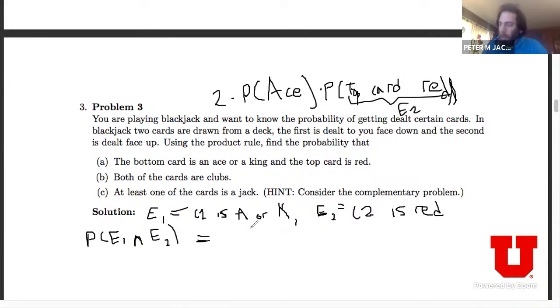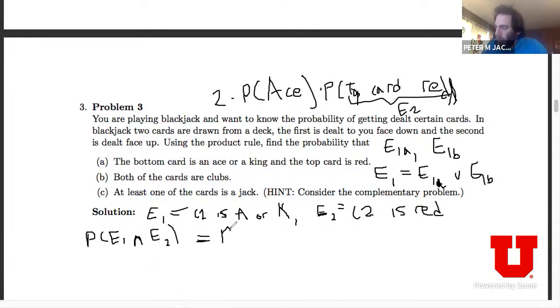First, we're going to split E1 up into cases. In E1, you either draw an ace or you draw a king. So we're going to have E1A, the event that the first card drawn is an ace, and E1B, the event that the first card drawn is a king. We know that the event E1 is equal to E1A union E1B. If they drew an ace or a king, either E1A or E1B had to happen.